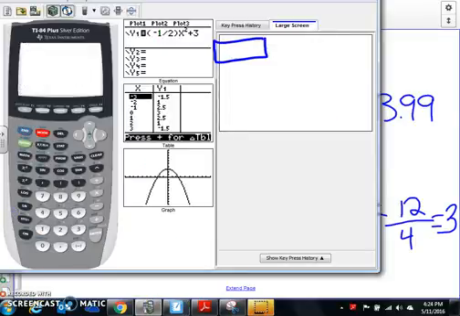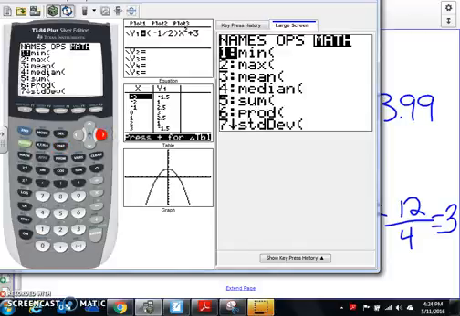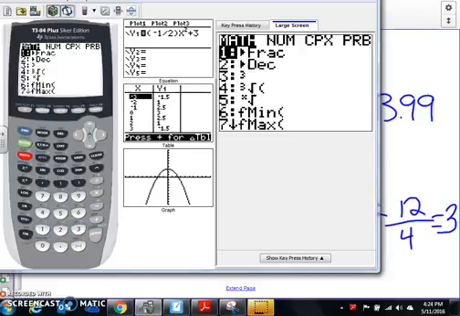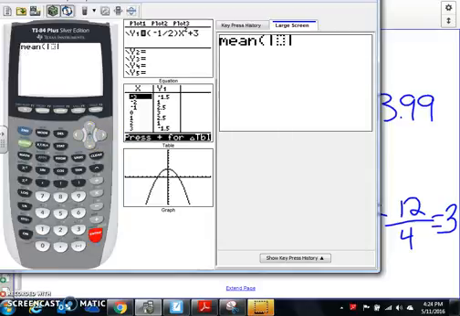Okay. In terms of your calculator, a way to check that, you go to your calculator, second quit. We first need to have the mean. So you can find the mean by going second stat, go over to math, and here's the mean. So the mean is 3. Now for the mean absolute, we need to find the first list.